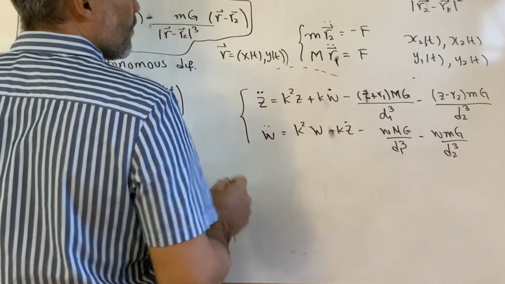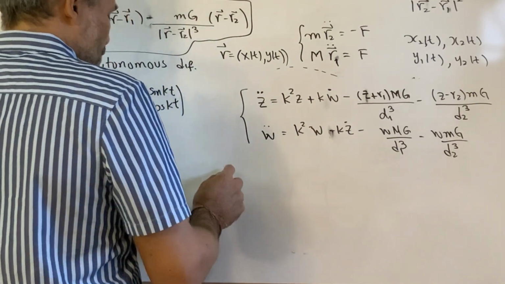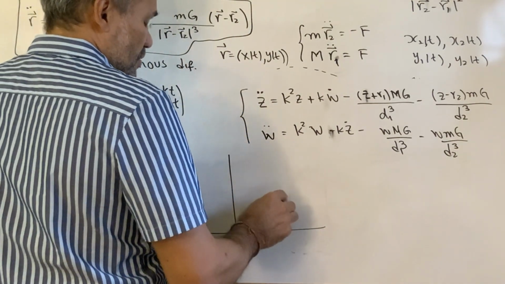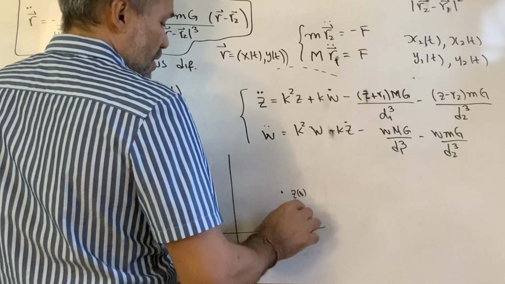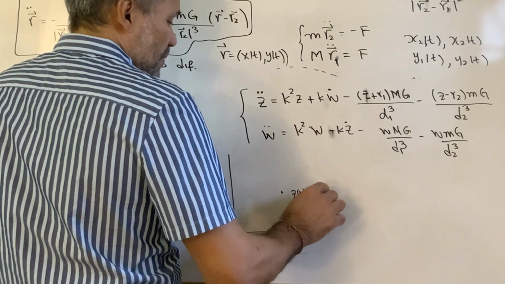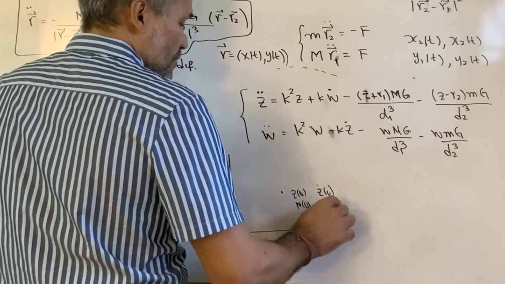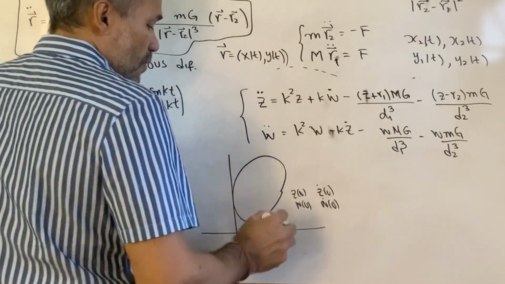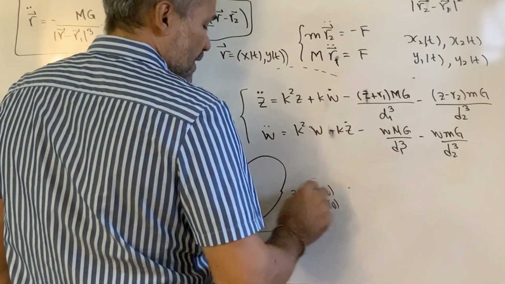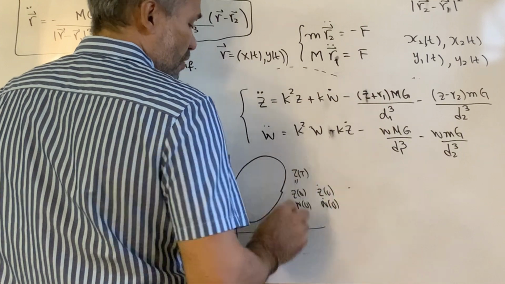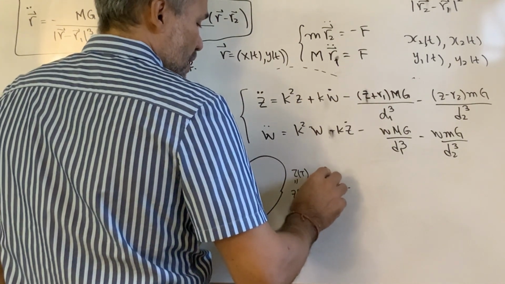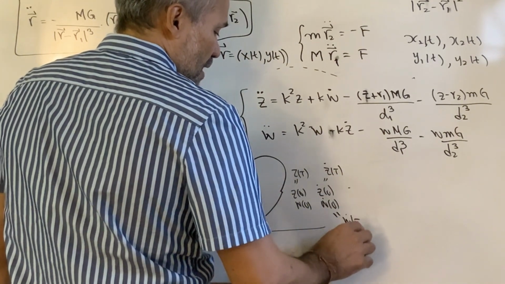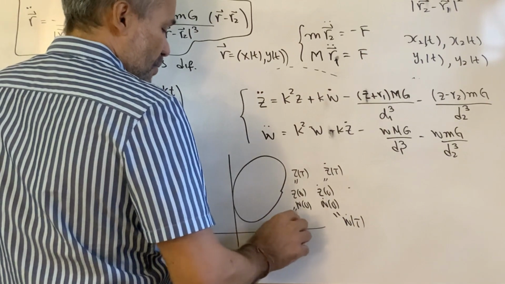Okay, then we are going to be interested in finding initial conditions, C of 0, W of 0, C prime of 0 and W prime of 0, such that after some time T, we return to C of T, C prime at that time, W prime at that time, and W at that time.